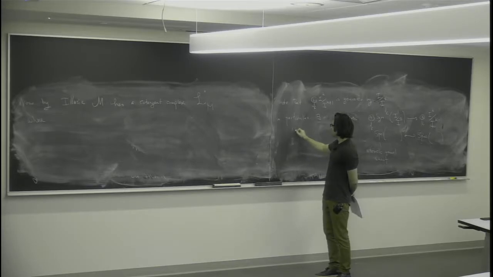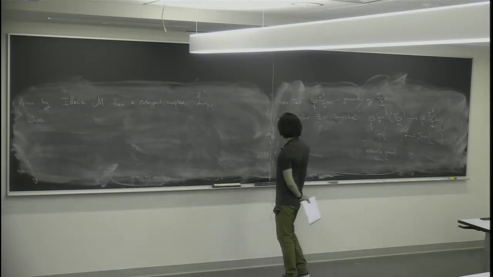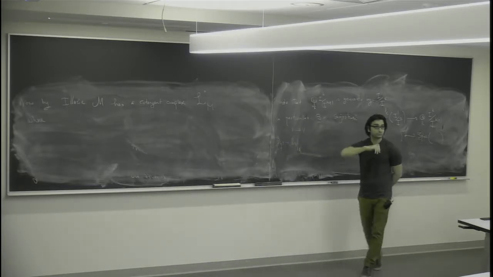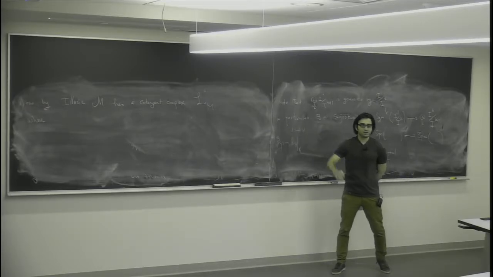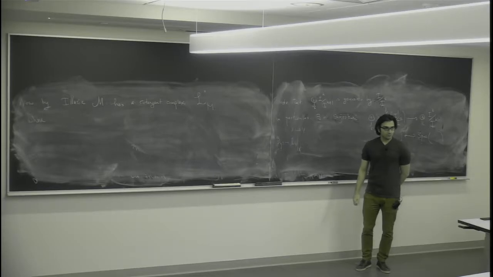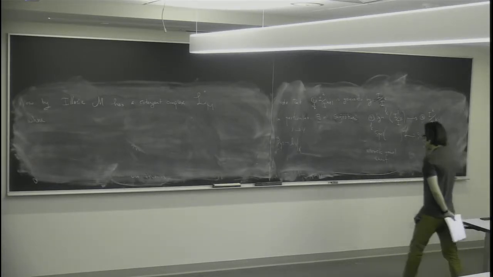Let's say X is something like this, where this is a non-smooth quasi-projective scheme, divided by some group scheme in the stacky sense. Then you can still embed X, but the cotangent complex of this stack has something in degree 1, and that's the dual of the Lie algebra of your G, tensored with O_X.